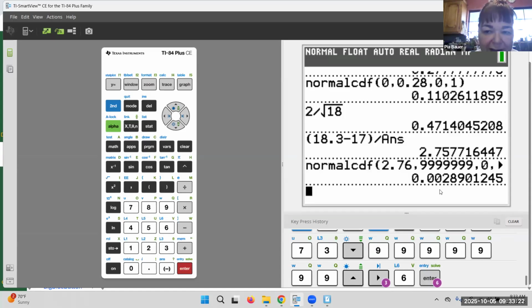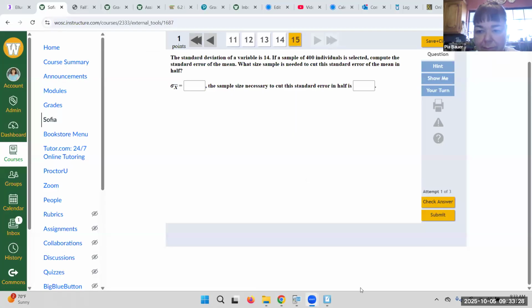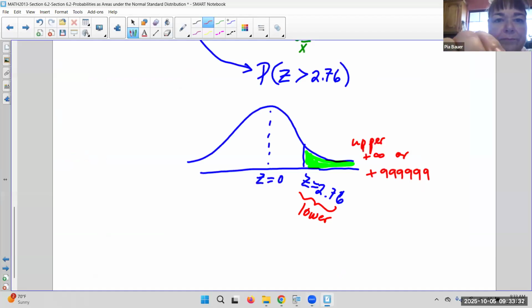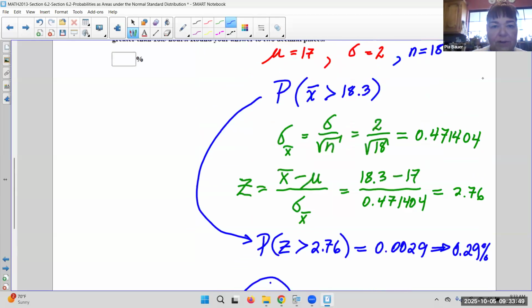And if we round it up, that will be 0.0029. Now, when we change it into a percent, that will be 0.29%. Very low probability.